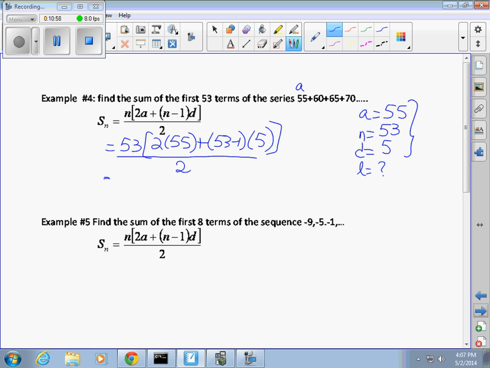So I have 53 times 110 plus 52 times 5 is 260, all over 2. So 53 times 110 plus 260 divided by 2 is 9,805.